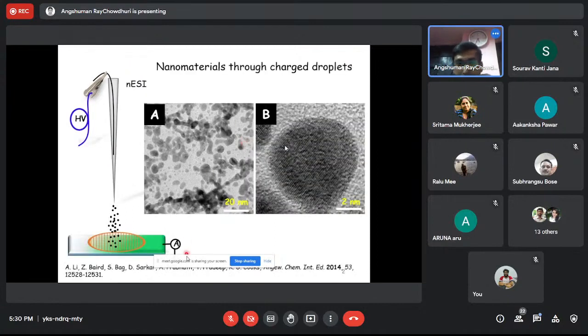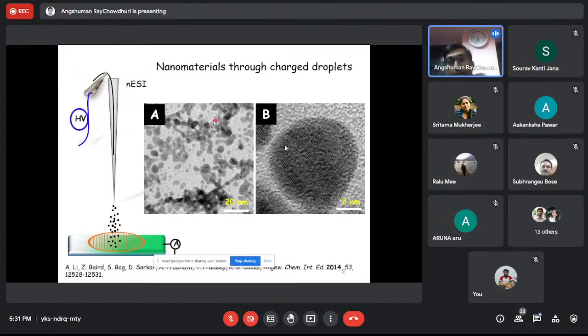Now coming to a paper that was published in 2014. They have taken silver ions, as I told you before, inside the glass capillary, and they gave some potential through a platinum wire electrode. The ions come out through the nozzle of the capillary as micro droplets, and when they are deposited on a substrate, the silver ions, that means Ag+, get electrons from the substrate and are reduced, producing this type of nanoparticles.